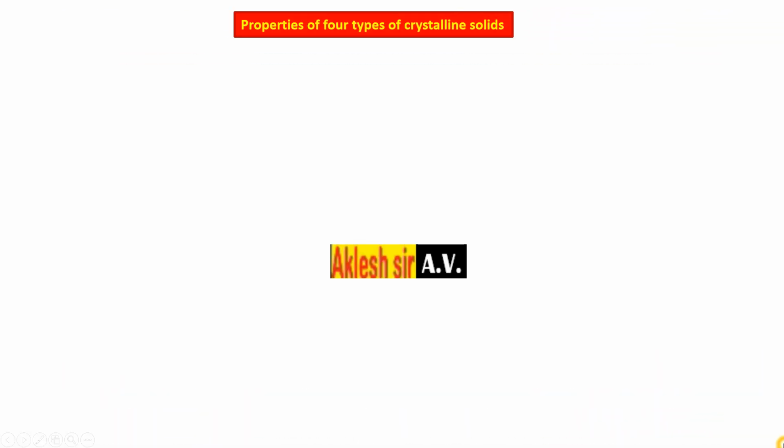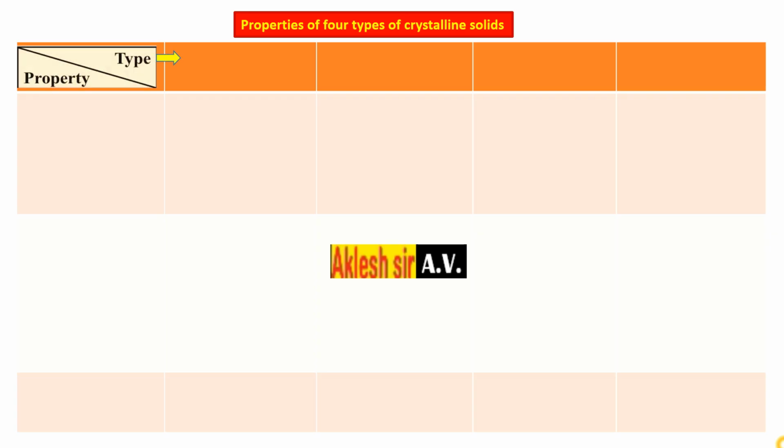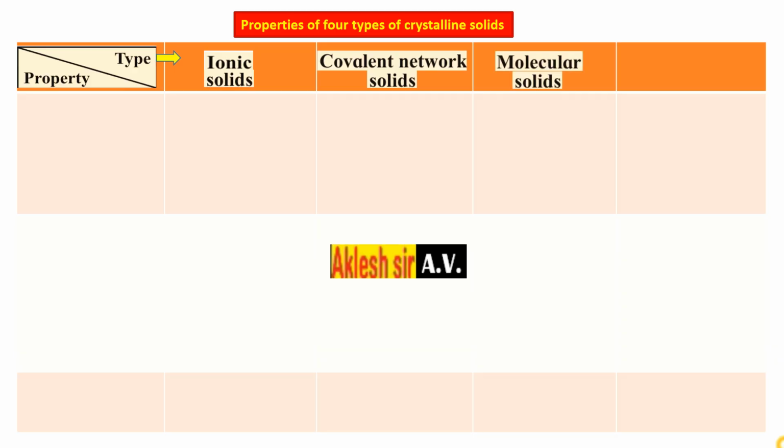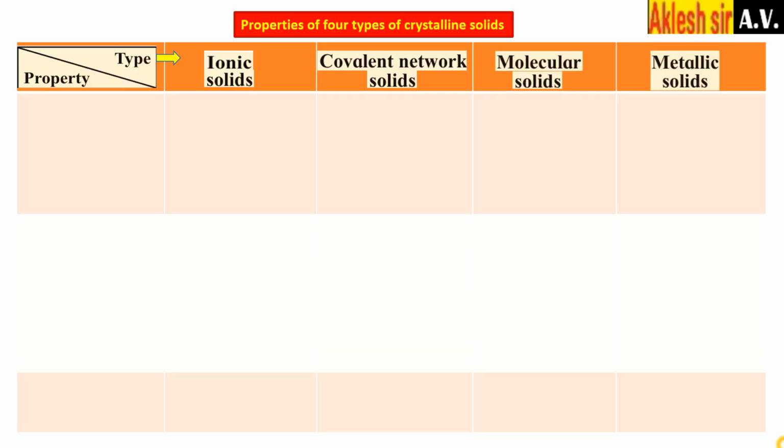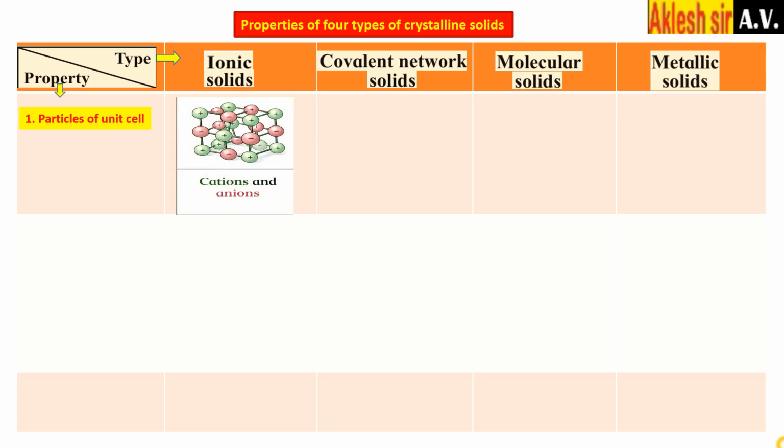Properties of the four types of crystalline solids. Types of solid: ionic solid, covalent network solid, molecular solid, metallic solid. One. Particles of the unit cell. An ionic solid consists of cations and anions.